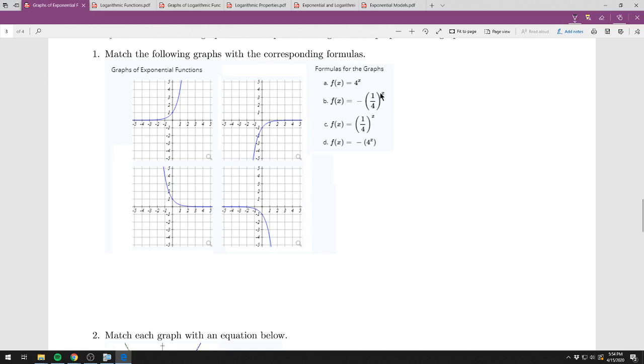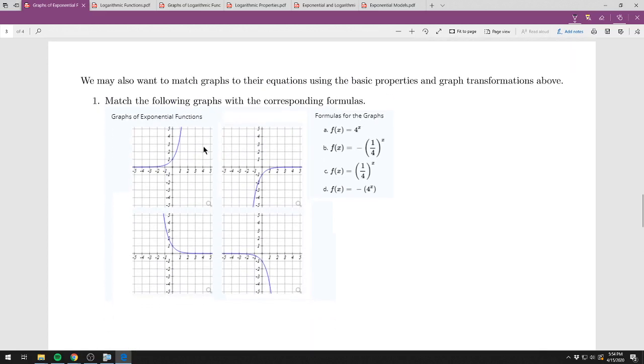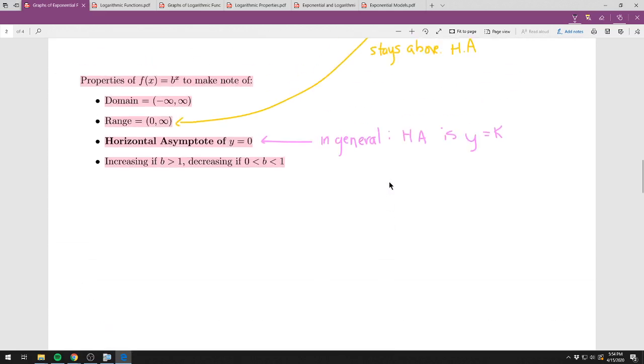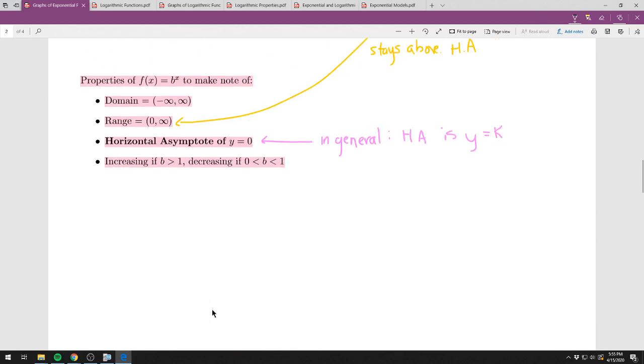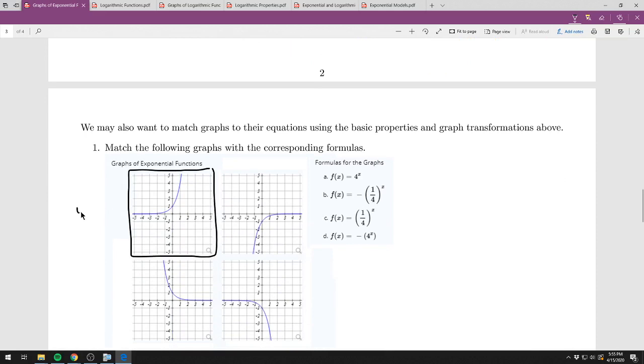And what I think is a little bit easier is to look at a graph that would have been one of our normal ones. So if you look at the top left here, this is the same shape as our y equals b to the x with b bigger than 1. Right? It follows the same shape. It's above the x-axis. It's increasing and it's bending away from our exponential graph like that. So this is like y equals b to the x, and b is bigger than 1.